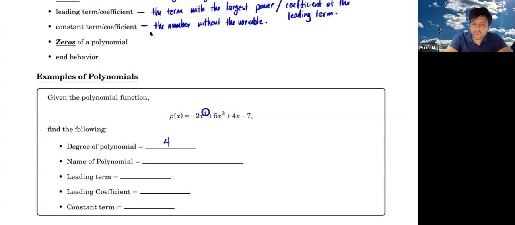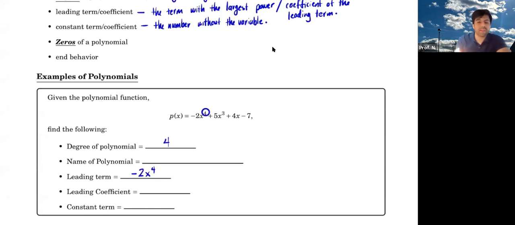We haven't really talked about the name of a polynomial, so we'll skip that just for now. And then what's the leading term? And now, Chen, hopefully you see the difference. What is the leading term? Remember, it's everything that's included with the highest power. That's right, Chen. The leading term is negative 2x to the fourth. Now, what's the leading coefficient?